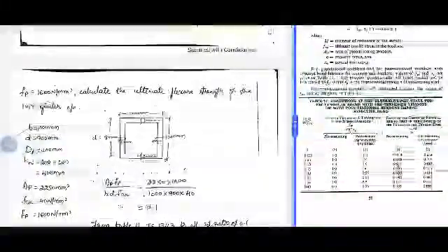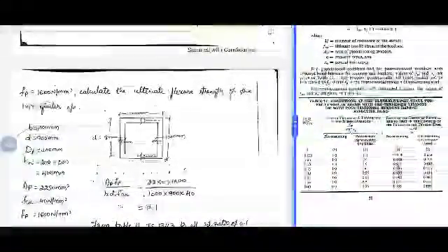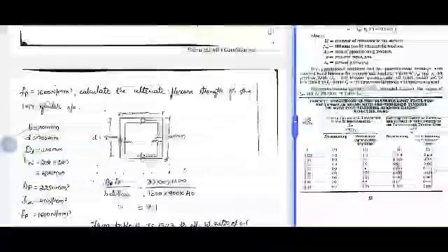So width of the flange will be 1000 mm, effective depth will be 900 mm, thickness of the web is 200 mm. You have two webs, so you need to consider the total web width, the summation of both web thicknesses, that is 200 plus 200, that is 400 mm.